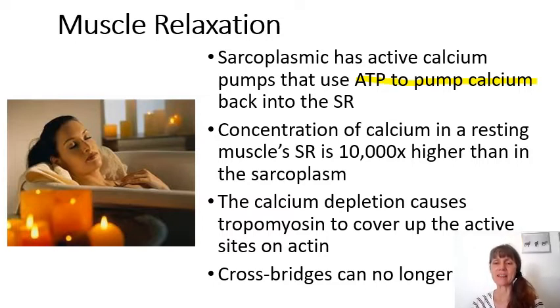So you've got 10,000 times more calcium stored in the sarcoplasmic reticulum than you'd find in the sarcoplasm when the muscle is at rest. Calcium depletion will cause the tropomyosin to cover up the active sites on the actin molecule, and cross bridges can no longer form with relaxation.